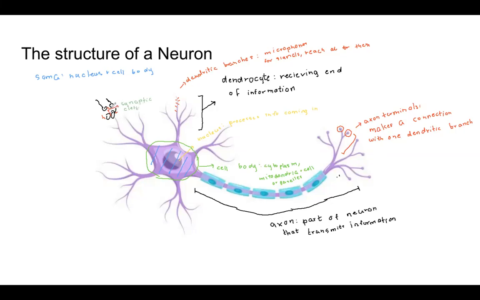What's really important to understand here is that in a neuron, the axon is not directly attached to a dendritic branch. The signal jumps from one side to another, or more accurately put, it's actually converted into another signal.